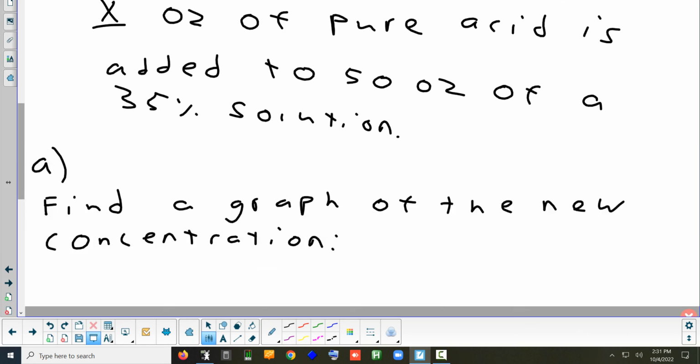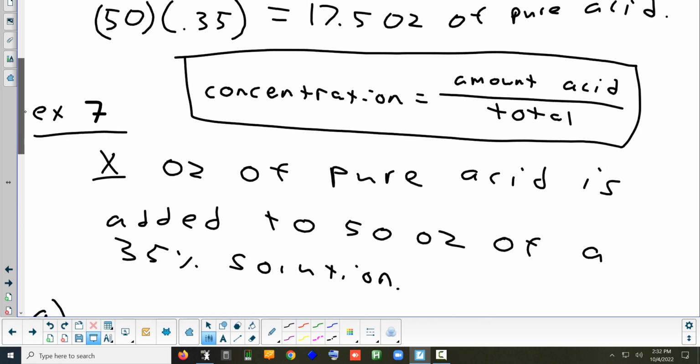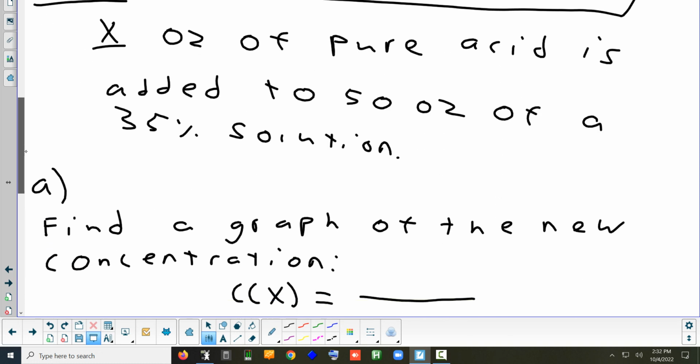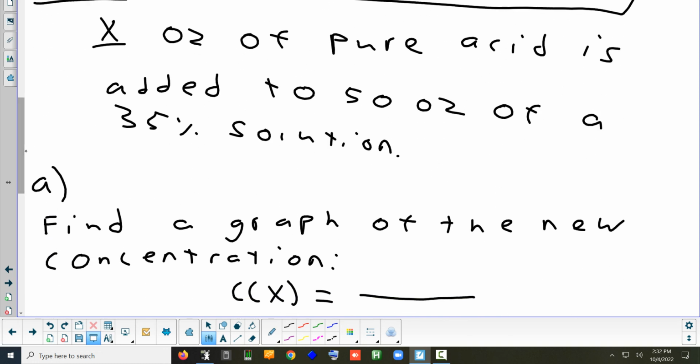So I want to find a formula for the new concentration. Remember the formula that I just gave you: amount of acid over the total. First of all, you're starting with something that already has acid in it. So let's start with that. We have 50 ounces, and 35% of it is acid.